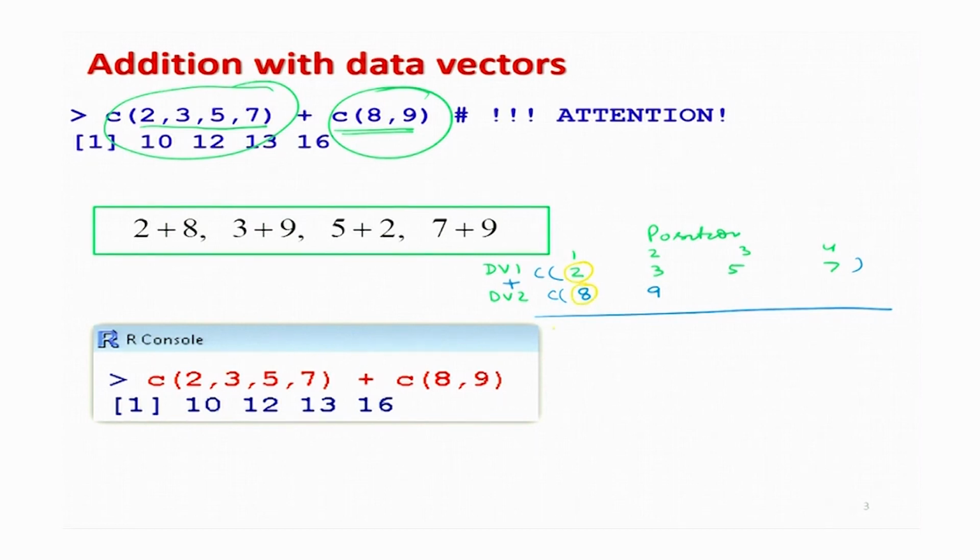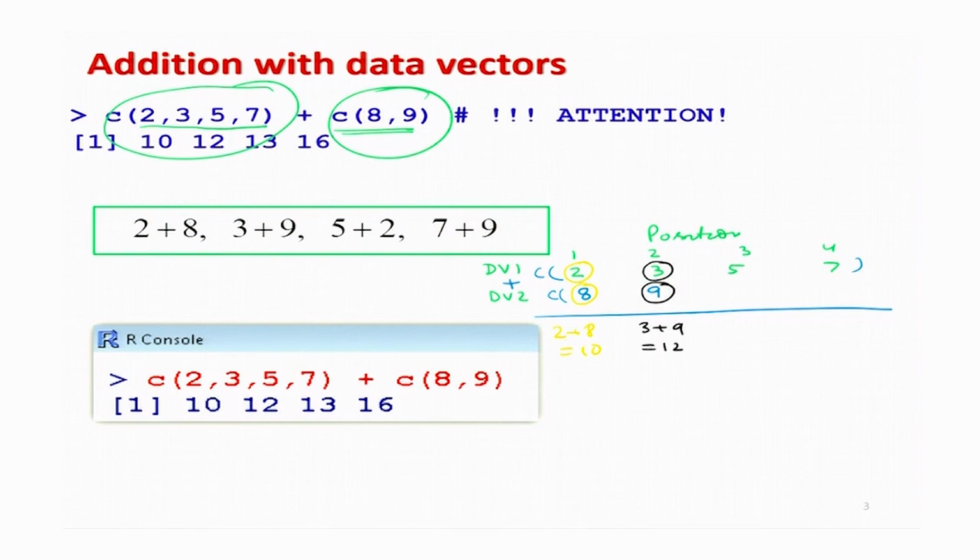There is no issue, so 2 plus 8 will become here 10. And then the control will move further and consider the second value in the first data vector and the second value in the second data vector, and it will try to add here 3 and 9, which will give the answer 12.